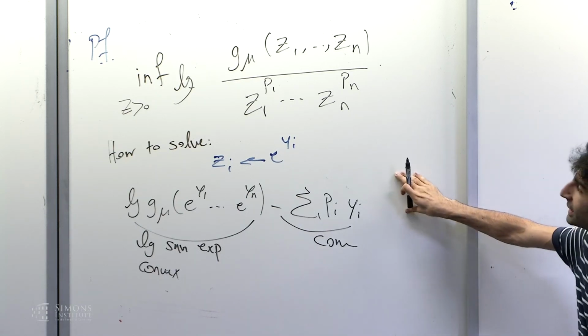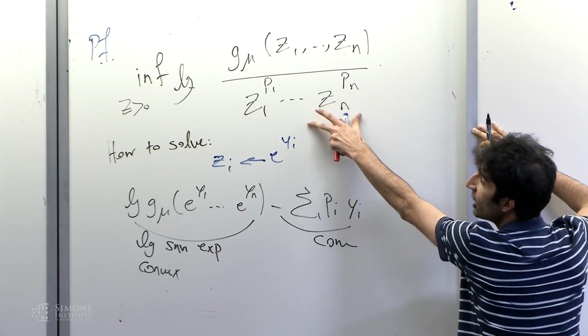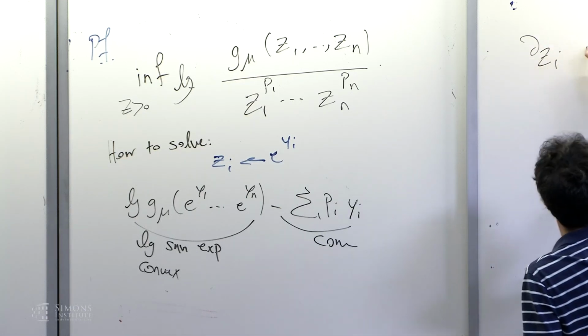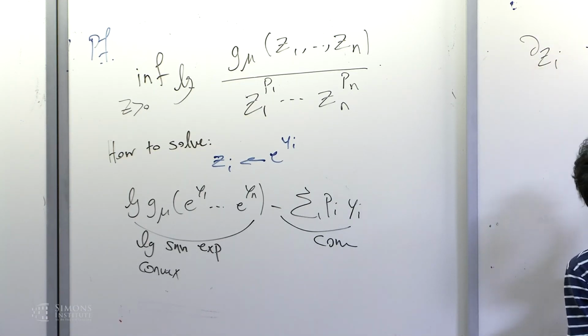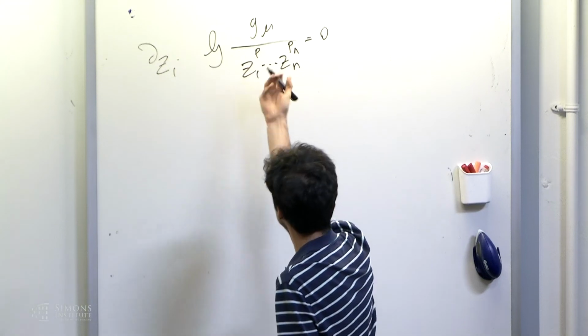Okay, now how do you prove this? Basically, you just write down the optimality condition here. So you just differentiate this with respect to zi. I know that partial zi of this, log of g mu over z1 to the p1 all the way to zn to the pn, should be 0. Now you do the differentiation.